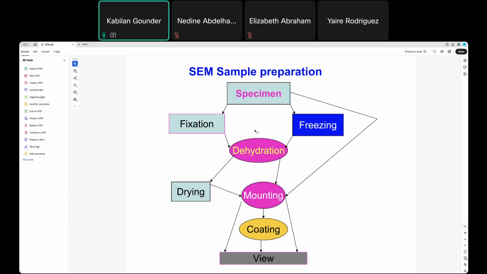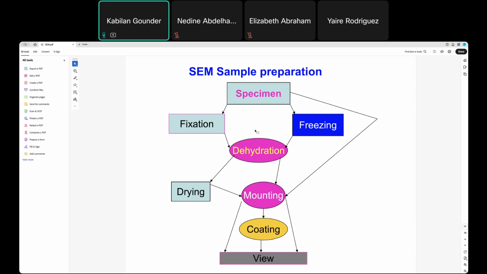So first, if you have a sample that you want to visualize in detail with the scanning electron microscope, whether it is a tissue sample, bacteria, or biofilm, or for example metals or implants, where you want to see what is going on with the coating on the surface of the material.